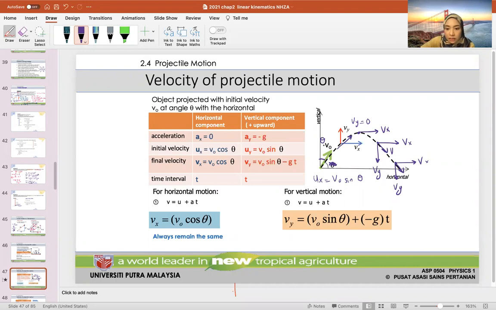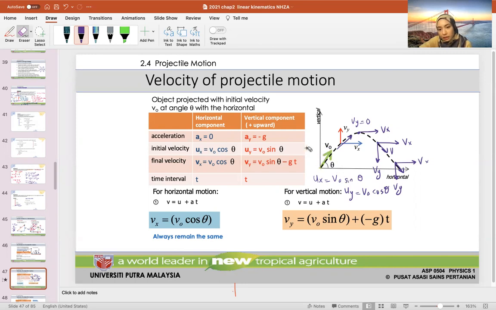And in this case, if my angle is over here, my uy, my initial y component velocity, will be V naught cosine theta. Why? Because my angle is over here and it is touching the y-axis. And for this guy, it's not touching the angle, therefore it gets the sine.